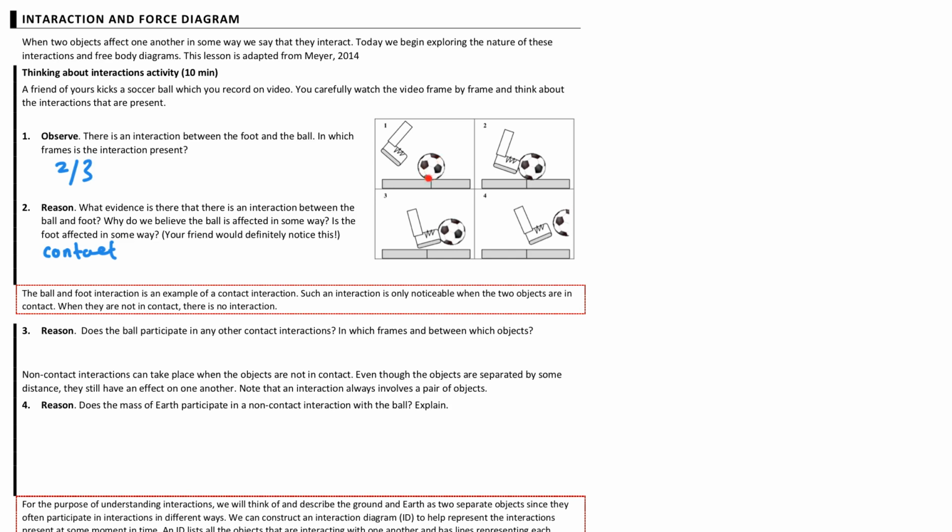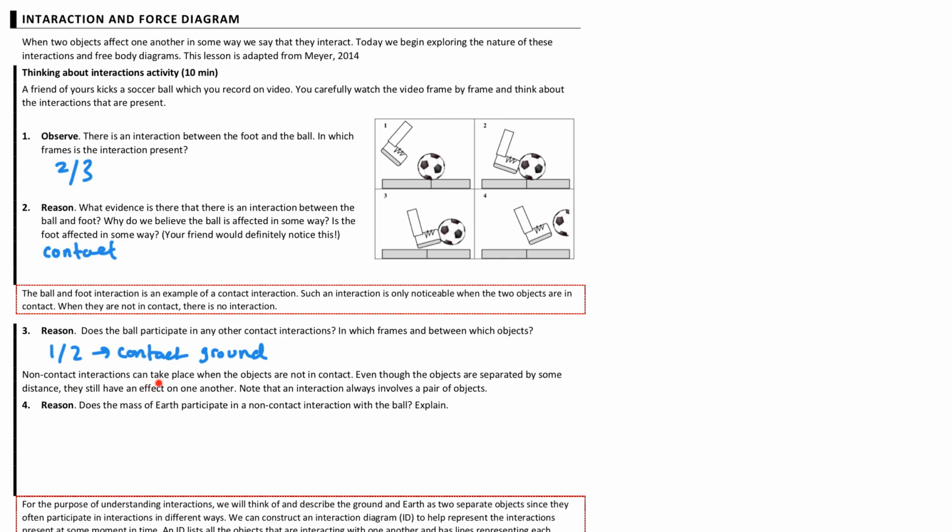So the ball, in the very first one, it's in contact with the ground. In the second frame, it is in contact with the ground. In the third one, it's not, and the fourth one is not. So in frames 1 and 2, contact with surface, or I'm going to call it ground.